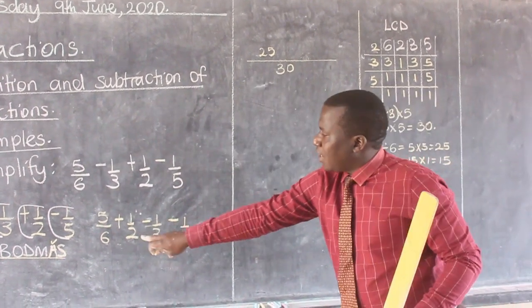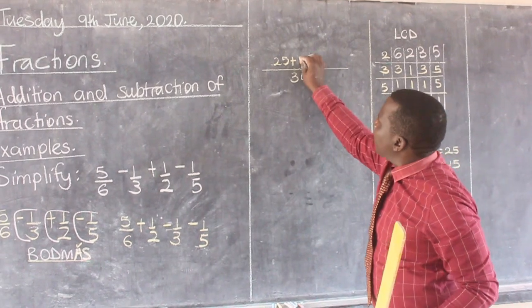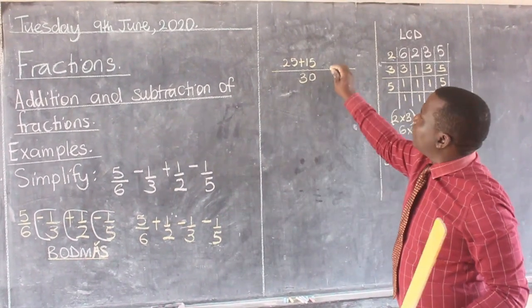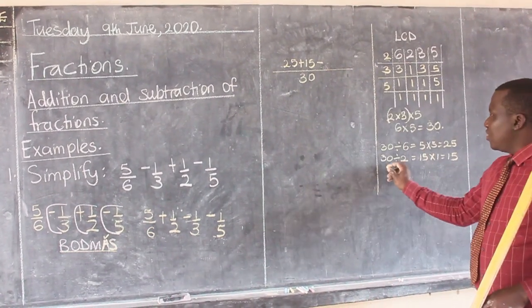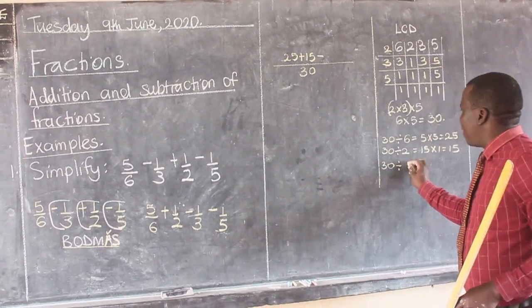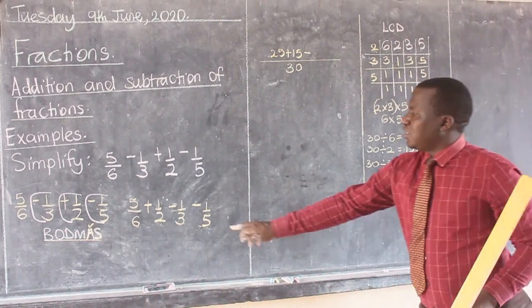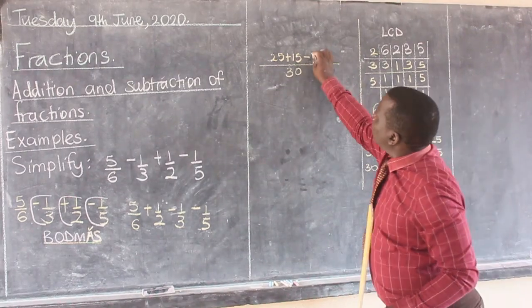Bring the addition sign and write this 15 here. Then you bring the subtraction sign. We have moved on to the next fraction. So 30 divided by 3 gives us 10 times the numerator 1, which gives us 10. So you put the 10 there.